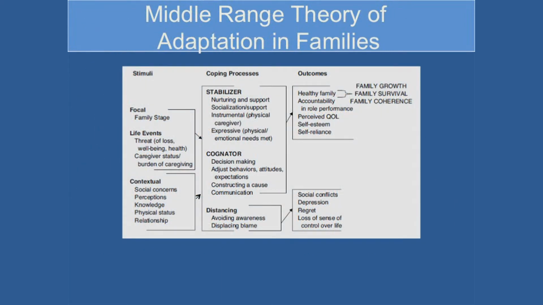The middle range theory schema then identified the concepts, again, within the categories of the stimuli, the coping processes, and the outcomes. So in the first column there, we have the family stage being a focal part of the situation. The life events include threat of loss, well-being, or health, caregiver status, and burden of caregiving. Contextual stimuli are social concerns, perceptions, knowledge, physical status, and relationship.